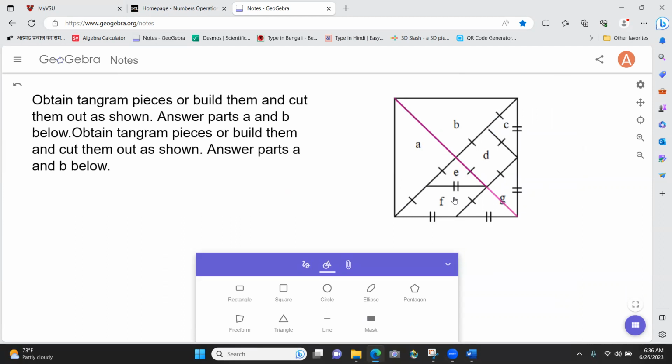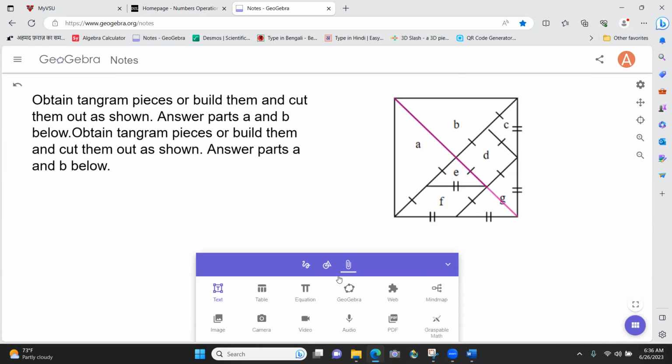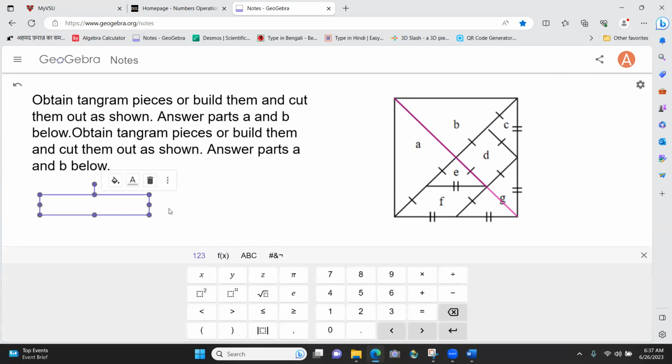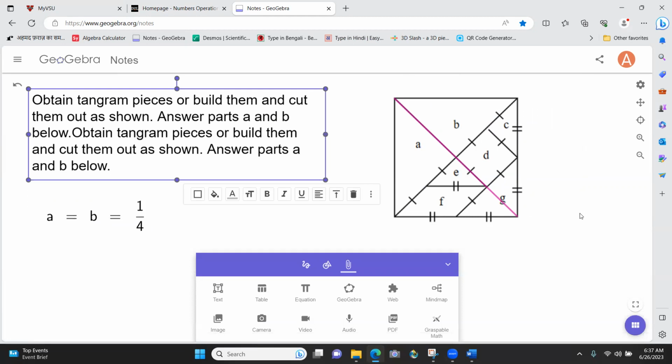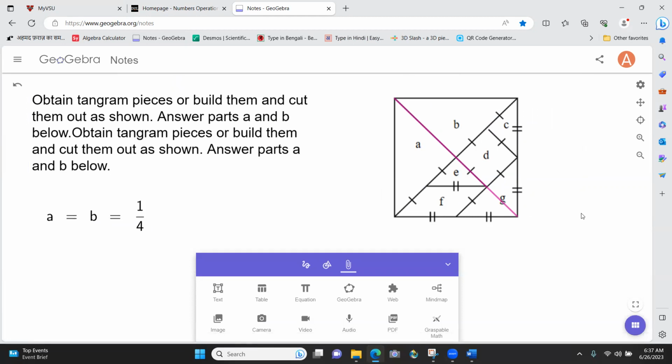You can see it. Now, I did draw the pink line. You really don't have to. You know it, right? So I'm going to say A equal to B equal to 1/4. If you read the question, it says the whole square is 1. Pretend it's a pizza or a cake. So A and B must be 1/4 each.